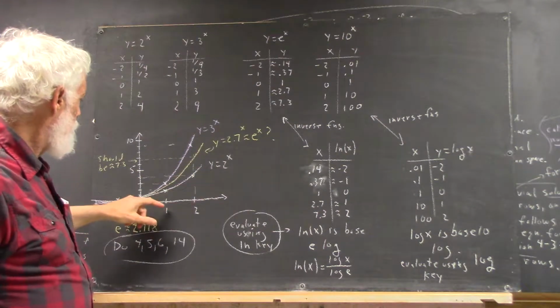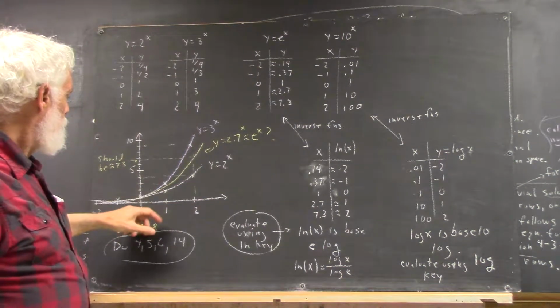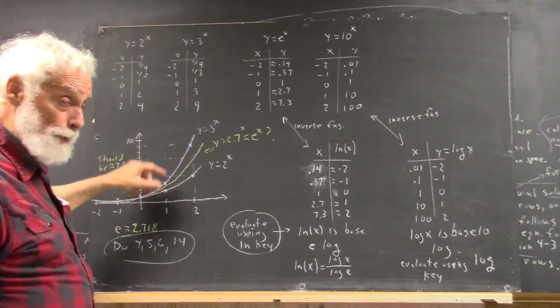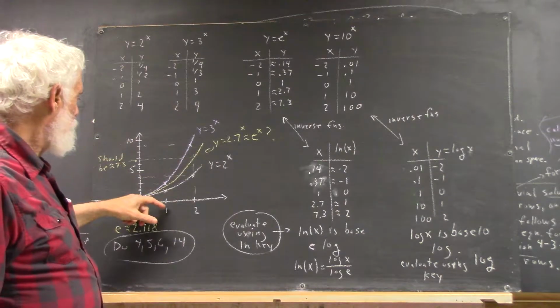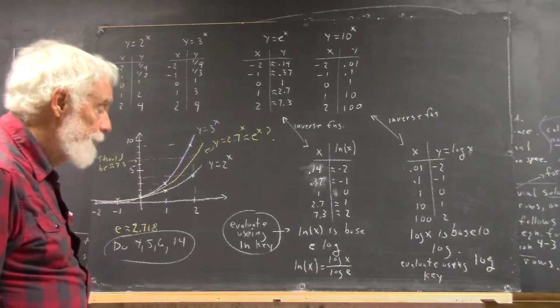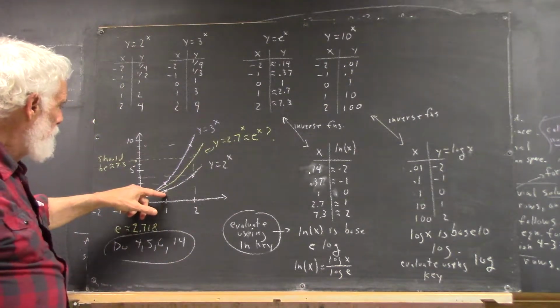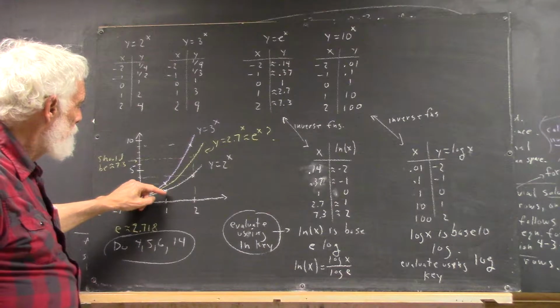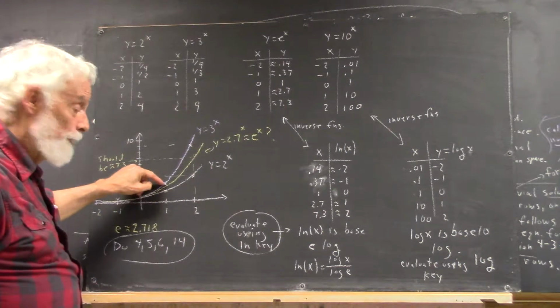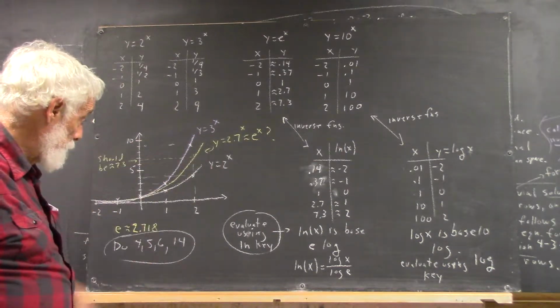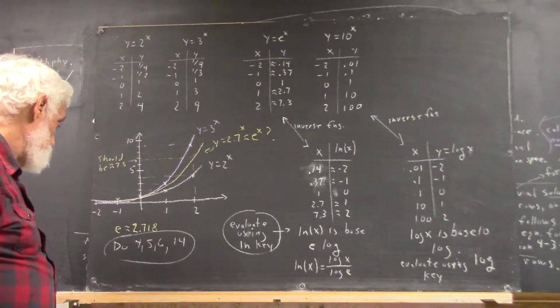The 2 to the x graph goes through the point (1, 2), the 3 to the x graph through the point (1, 3). The e to the x graph goes through the point (1, e), and since e is about 2.7, that point would be 7/10 of the way between this point here and this point here. And that's about the way it came out.